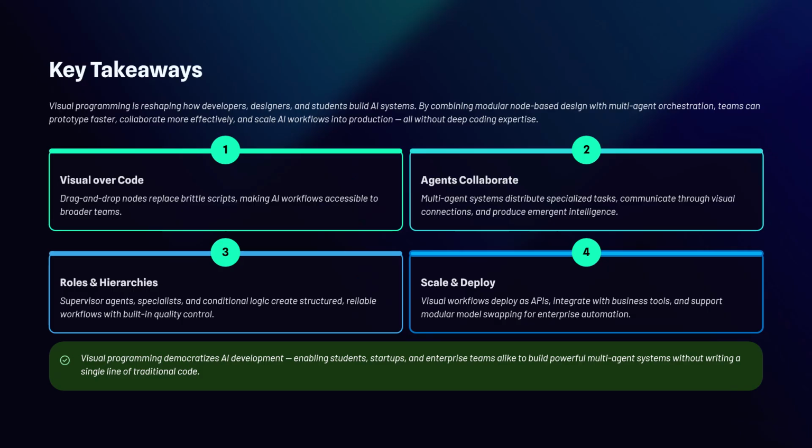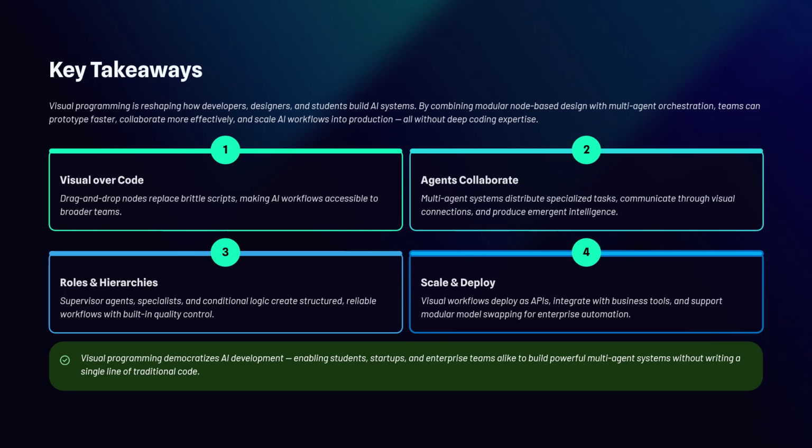As we've seen throughout this session, visual programming is transforming the way AI systems are built and managed. Instead of relying on complex code, developers and students can now create intelligent workflows using simple drag and drop nodes. Multi-agent systems allow specialized AI agents to collaborate, share information, and solve complex tasks more efficiently.